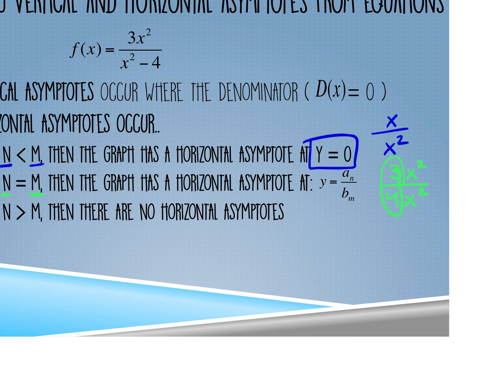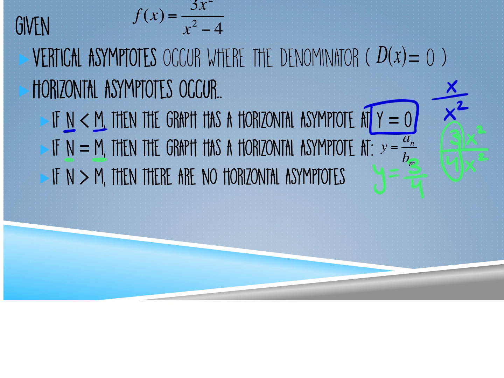So here, my asymptote would be y equals 3 over 4. And then if the degree of my numerator is greater than the degree of the denominator, then there are no horizontal asymptotes. So if I had something like x squared over x, there'd be no horizontal asymptotes.